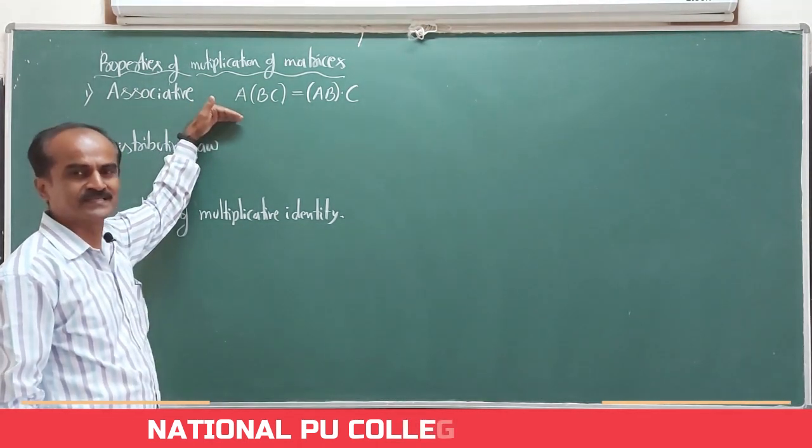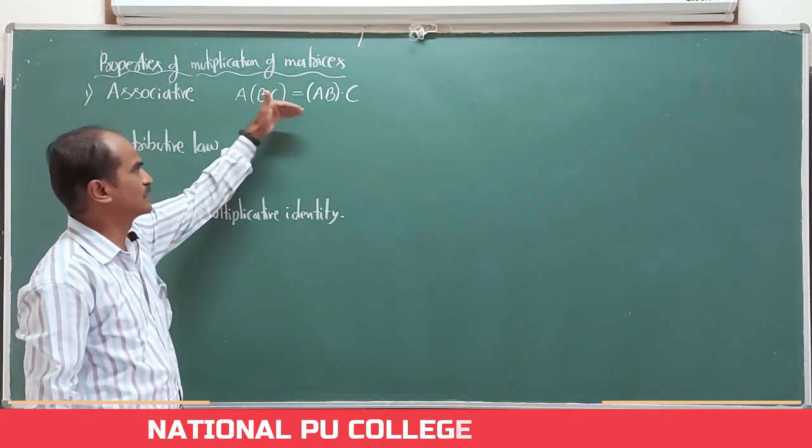Multiplication of matrices is associative: A times BC equals AB into C.